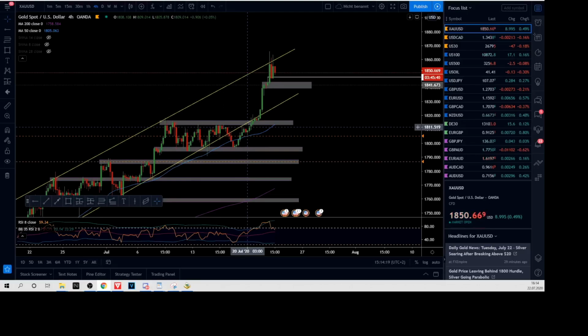Or you can just mark up horizontal levels like support and resistance, or supply and demand, however you want to call it. It's all the same: these are the levels where price bounces the most. So as soon as the market gets to one of these significant major levels, you want to go to the lower time frames and see what is happening on the price action.